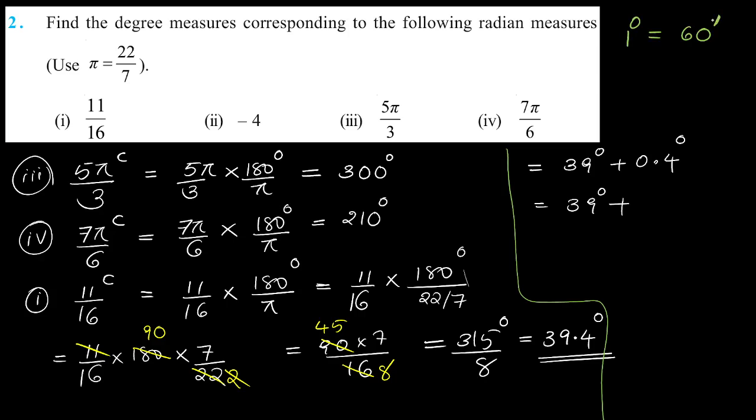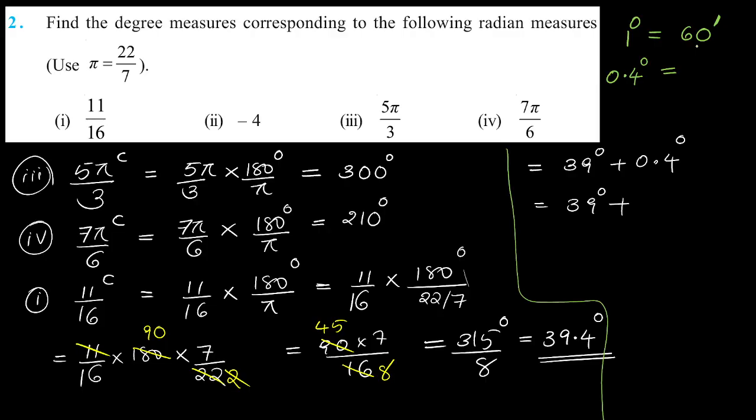Please respond. You agree with me? Can I multiply both sides by 0.4? Is there any problem? No, I can multiply both sides by 0.4. If I multiply the left side by 0.4, I must multiply the right side by 0.4.